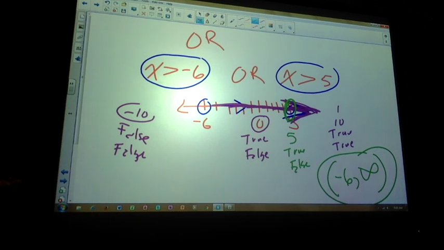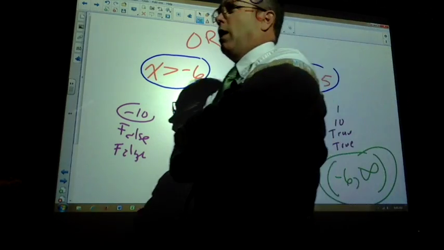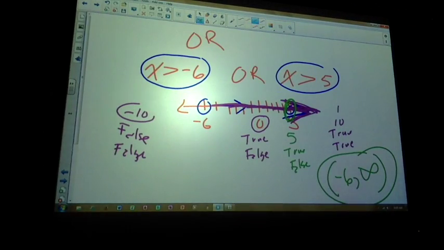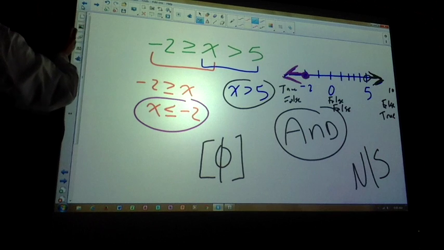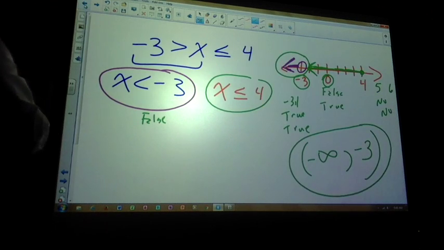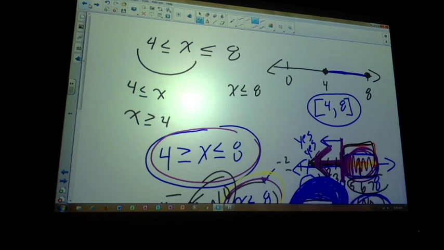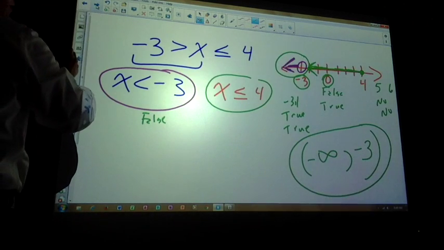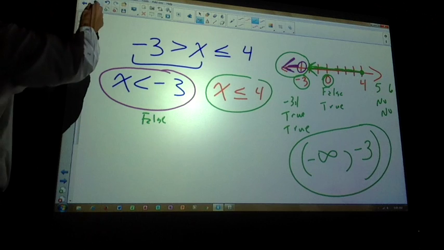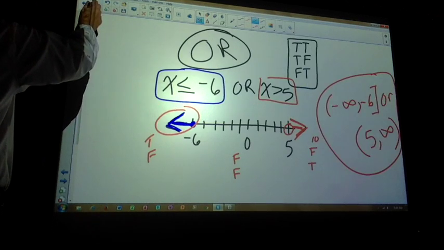Wait, so you just get rid of the OR? So then there's not two different answers? The OR, a lot of times, if it's a compound inequality where it's overlapping, you only have one sequence of events. If I go back a few slides, this was the AND. I didn't do one of the traditional ORs.